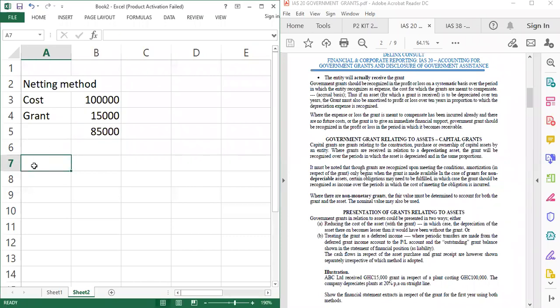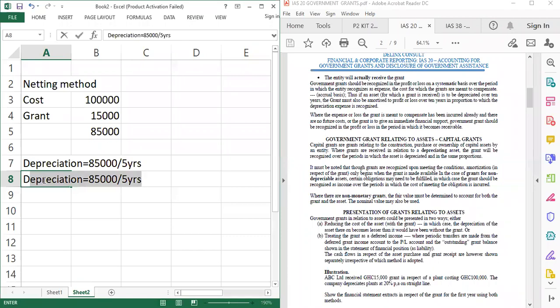So what will happen? For the year we charge depreciation, isn't it? So we have depreciation of 85,000 divided by how many years? 5 years. 20% is 5 years. It means that the asset will be used 5 times. If every year we are using 20%, the asset will be used 5 times and it is gone.